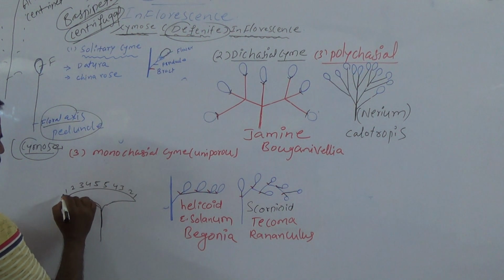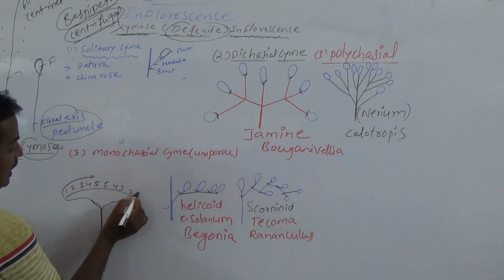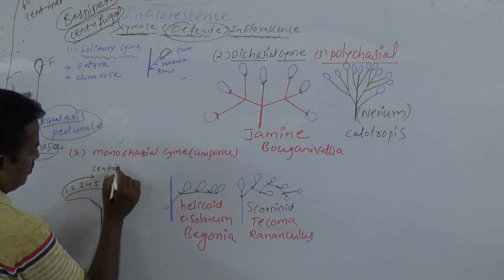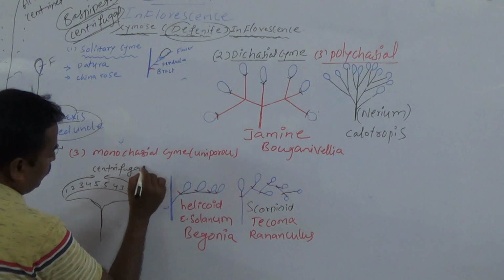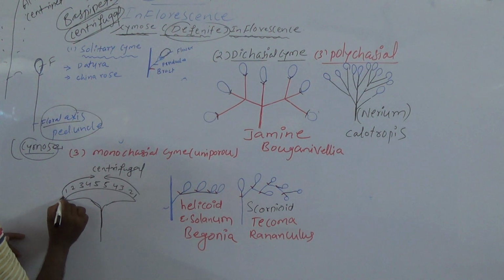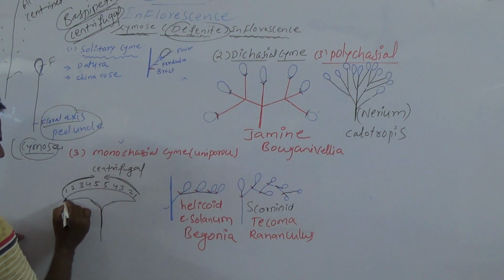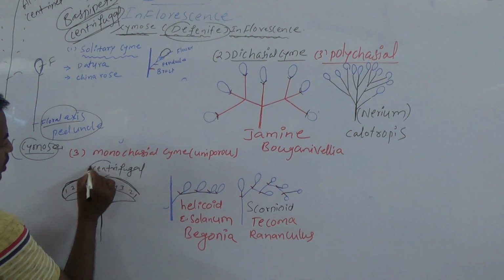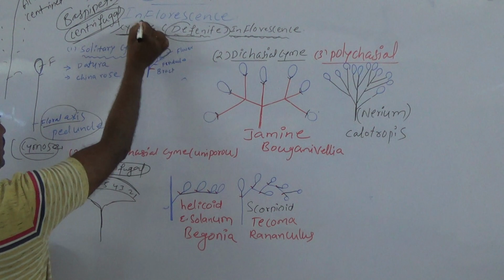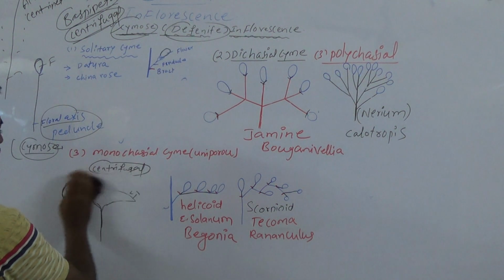The flowers are formed from lateral to center. It is called centrifugal, opposite to centripetal. The flowers are formed from peripheral to center. This type of arrangement is commonly reported in cymose inflorescence.